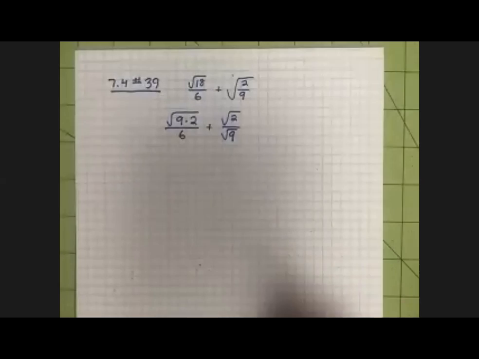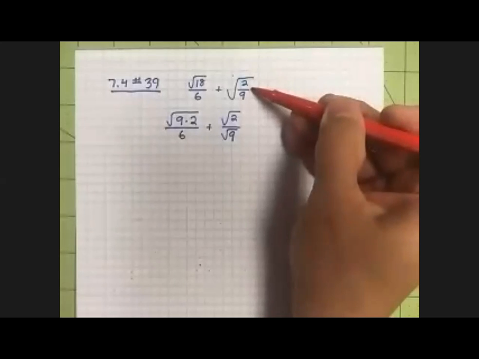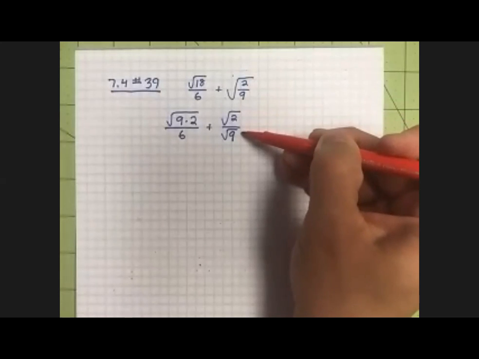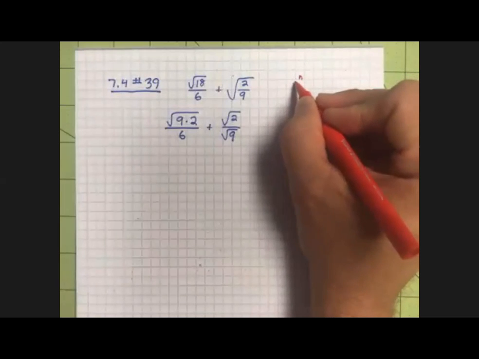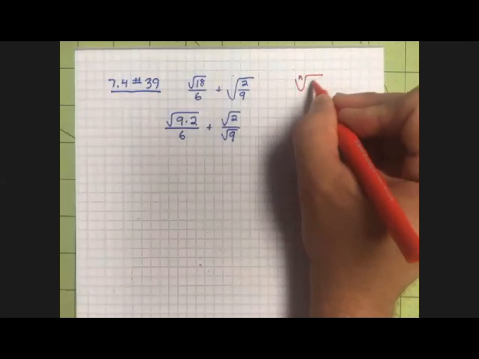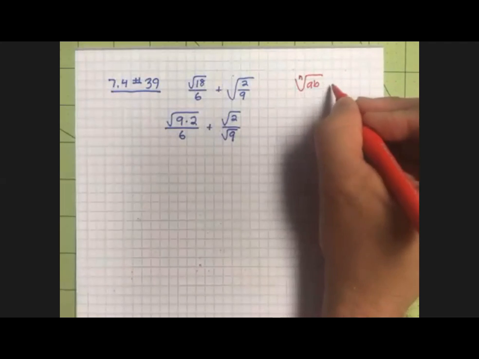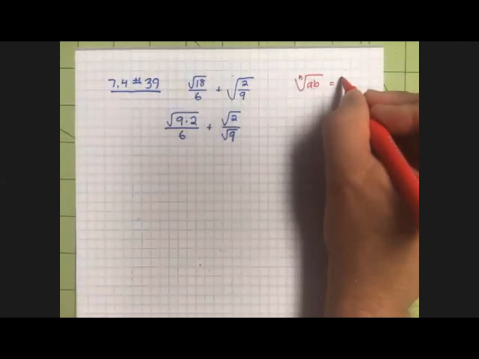So I'm allowed to separate this quotient into two radicals being divided. No matter what radical I'm using, I'm allowed to separate two things that are being multiplied into two radicals.